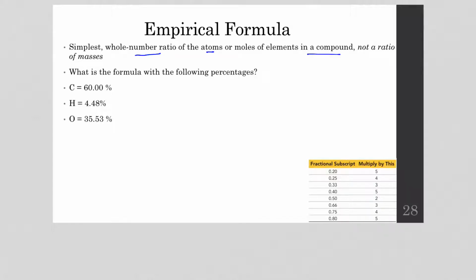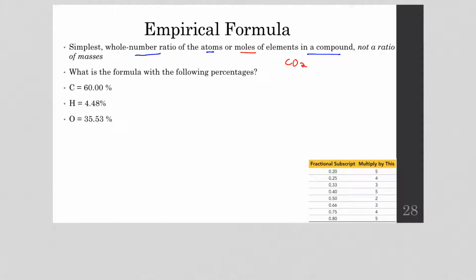Now, of course, this could also be the simplest whole number ratio of moles of elements, right? So, if we're looking at a compound, like CO2, we could say that CO2 contains one atom of carbon and two atoms of oxygen, right, if we had an individual molecule.